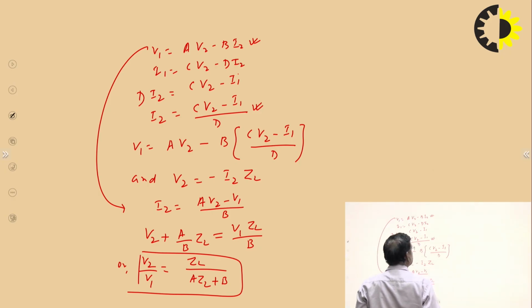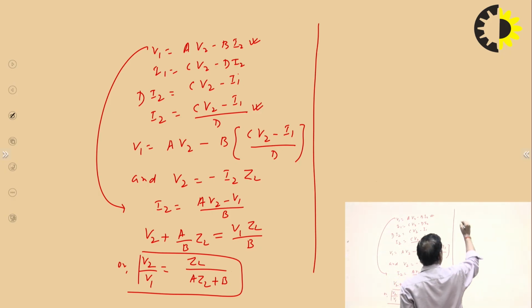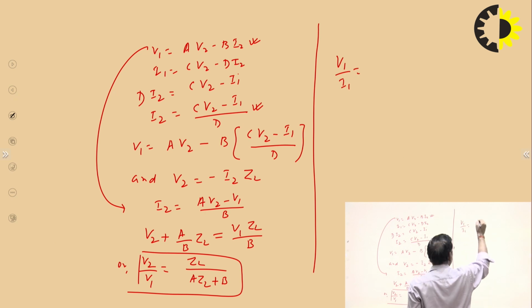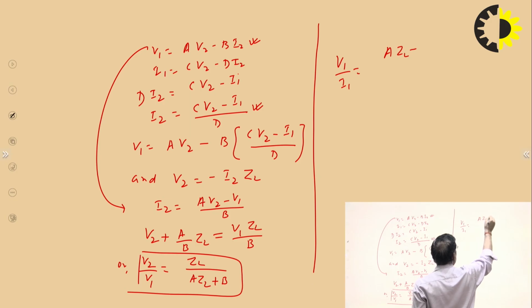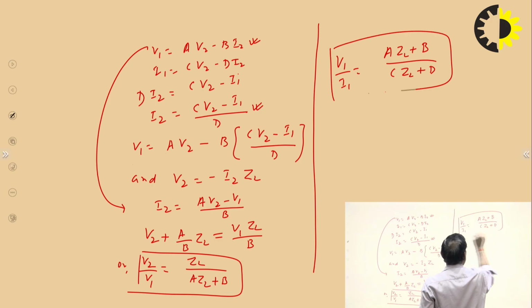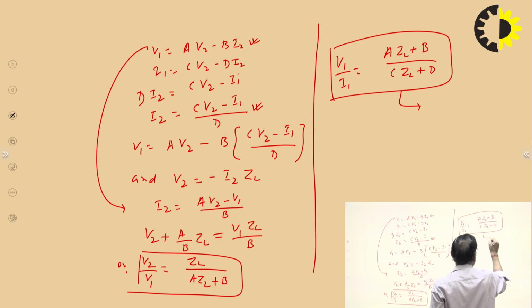Similarly, we can get V1 upon I1. So V1 upon I1 comes out to be A ZL plus B upon C ZL plus D. This is your input impedance.